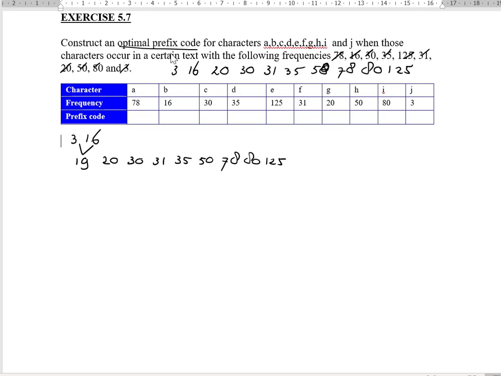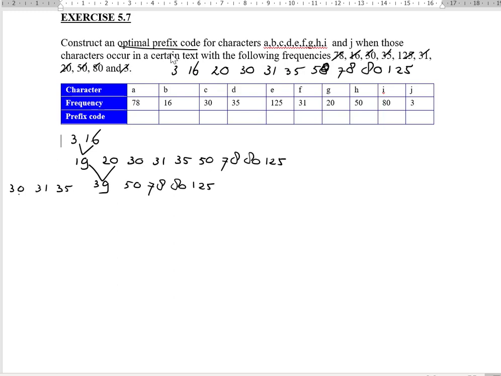Okay, we combine 19 and 20, that is 39, but then 30, 31 and 35 will be in front of the 39, and then 50, 78, 80, 125.